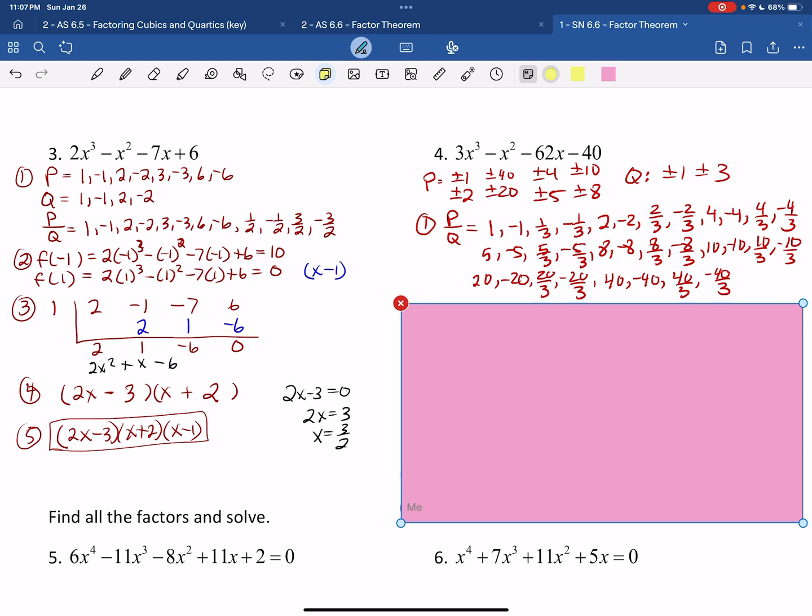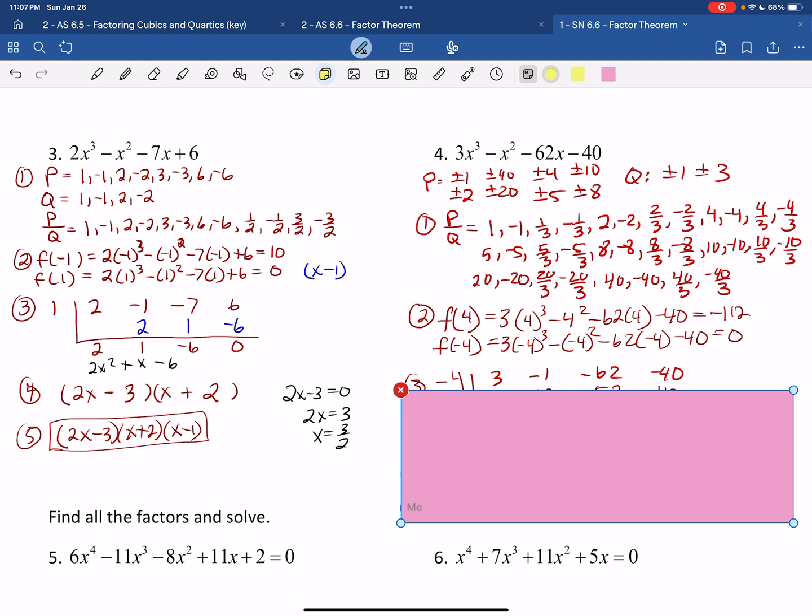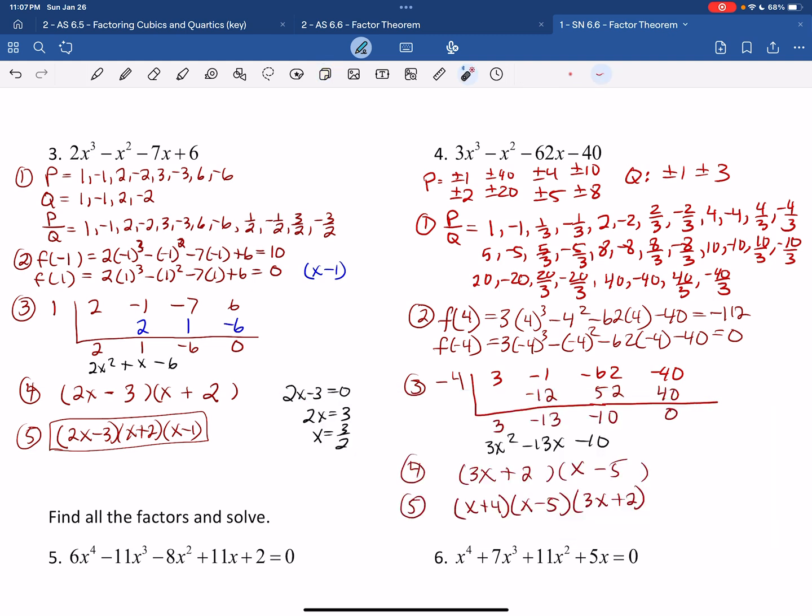All right. For me, if you want to go ahead and look and see, I got 4 and negative 4. I tried a couple others, but I had to erase. So I finally found negative 4 was a solution, divided by negative 4, and ended up getting 3x squared minus 13x minus 10, and ended up with 3x plus 2 and x minus 5.